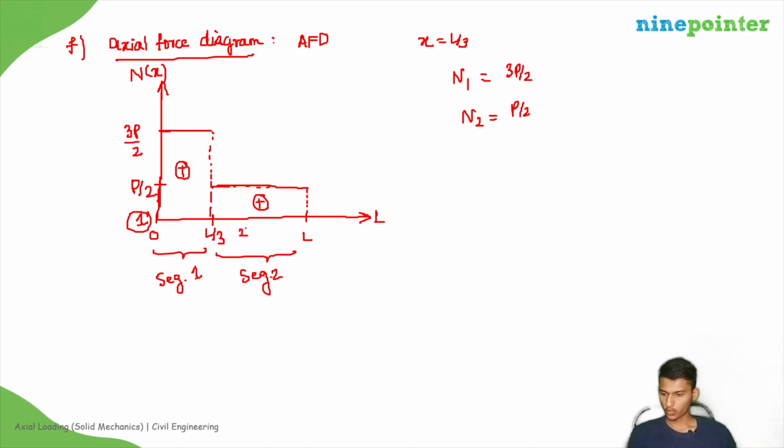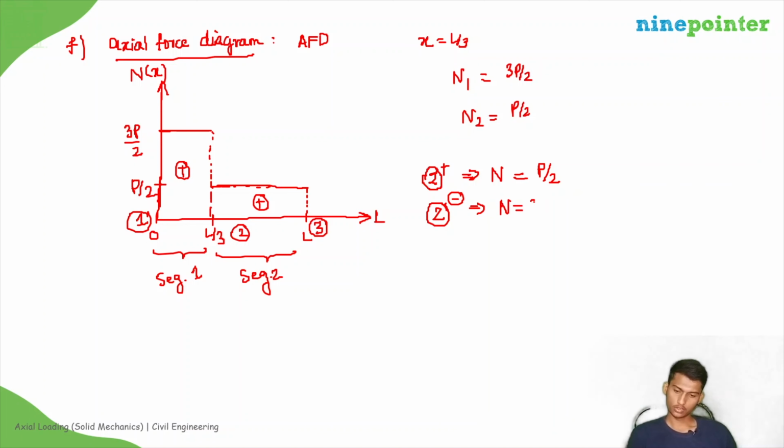So if you see 2 plus, means just after 2, the value of N is P by 2, right? If you see 2 minus, N is equal to 3P by 2, right? So there is discontinuity at 2. So that is jump discontinuity, right? It jumped from 3P by 2 to P by 2. Jump discontinuity.